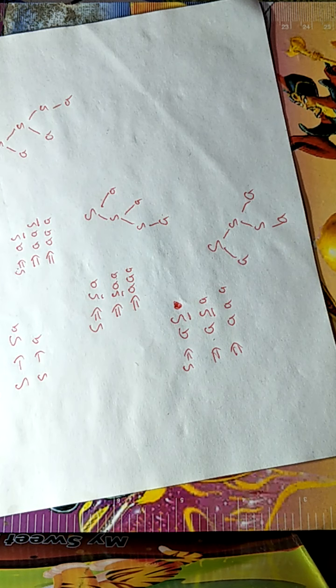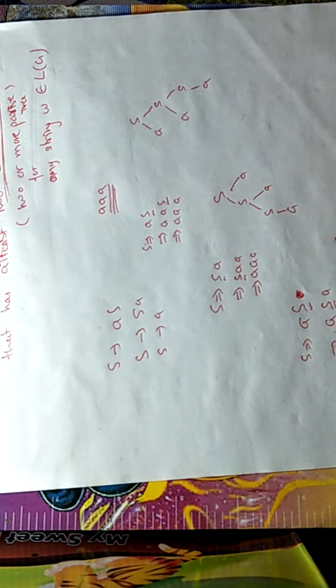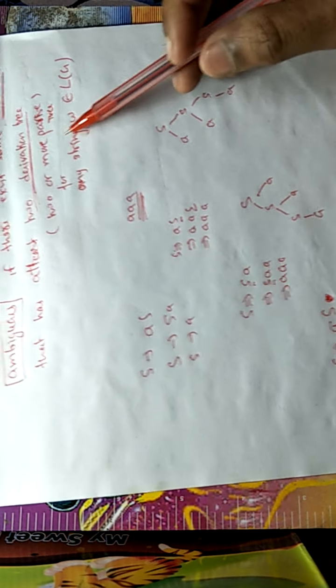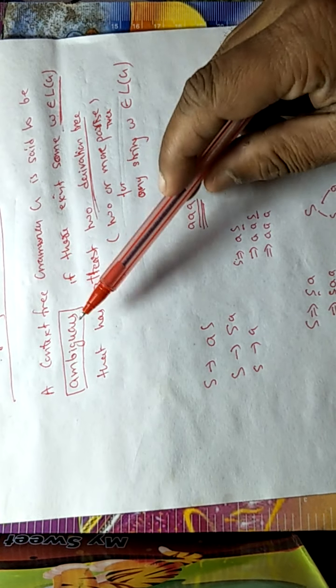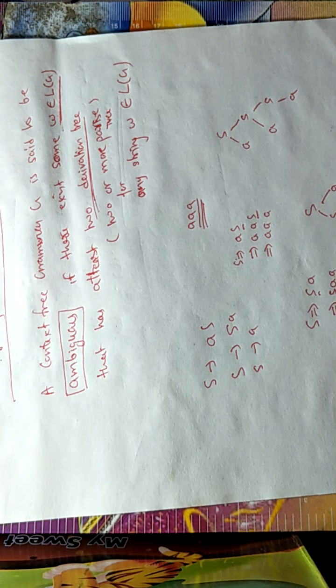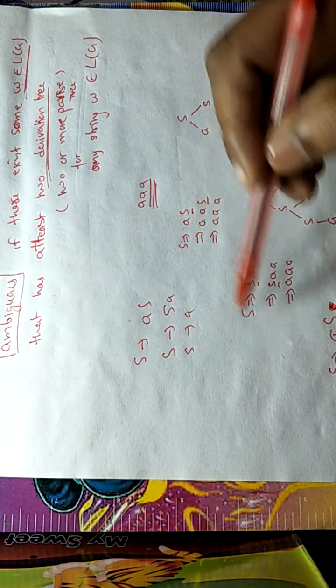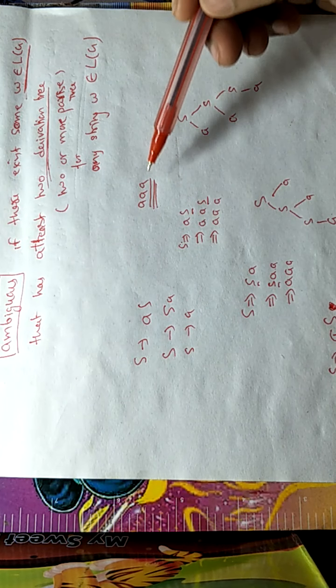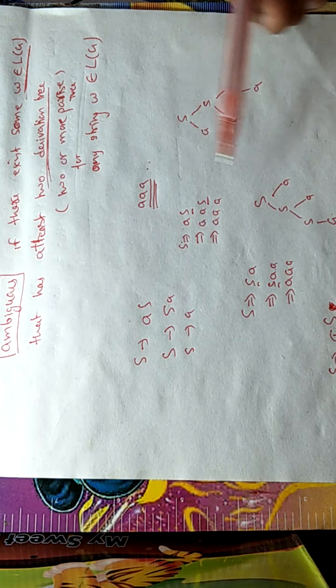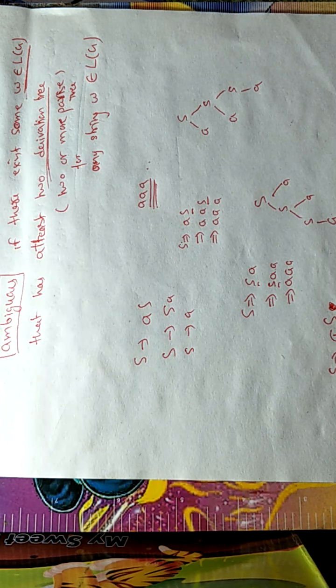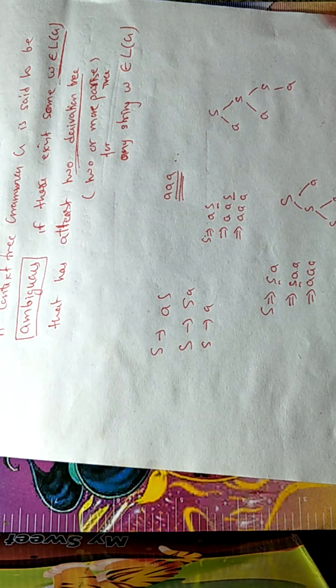There may be many more parse trees for the same string, but we need minimum two to say that the grammar is an ambiguous grammar. We need not find more than two; we will find only two derivation trees, but we need to analyze the grammar to find that string that has more than one derivation tree. More than one means at least two derivation trees.